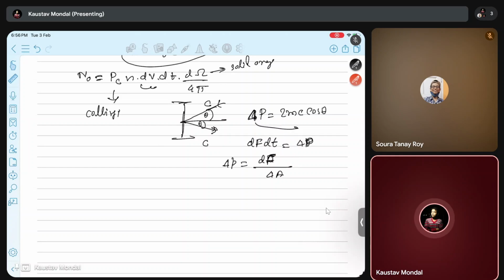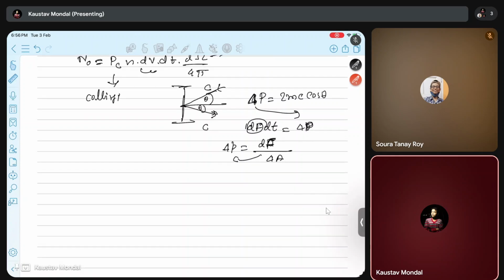If you know dp, you can calculate the df, and if you know df, from there you can calculate the change in pressure.